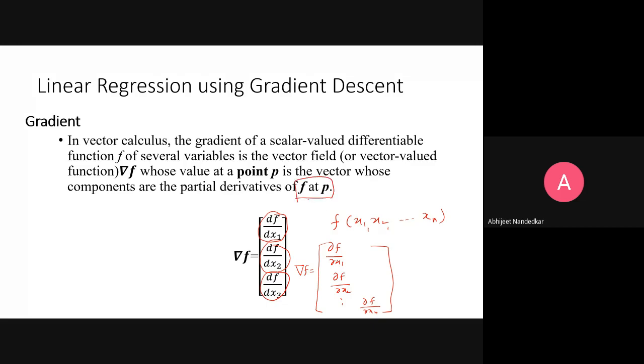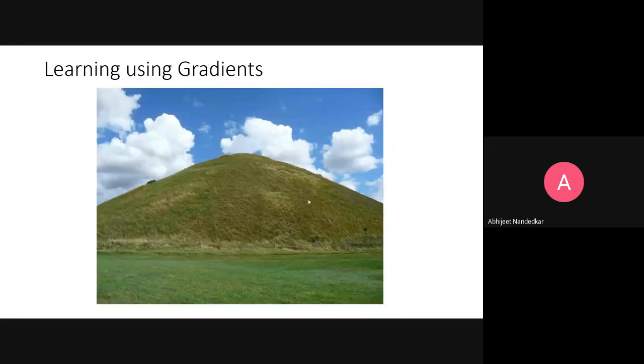Now, the physical significance of this you will come to know if I take this example. Suppose this is a mountain, and this is the height of the mountain. Let us say this is your position or coordinate of that particular point. So I can say this is x or x1, and this side I can say y.